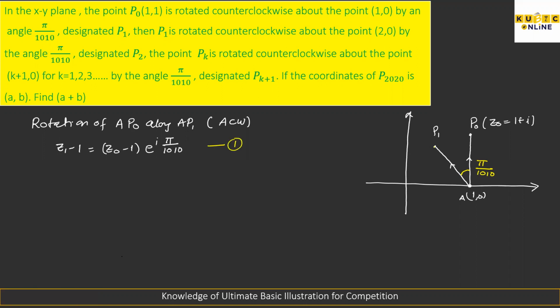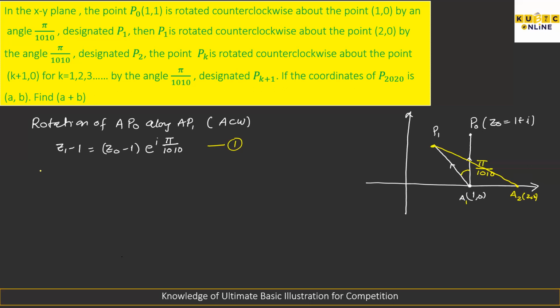Now what will happen here? We get this coordinate P1, then we have to rotate P1 about the point A2, and this coordinate is (2, 0).